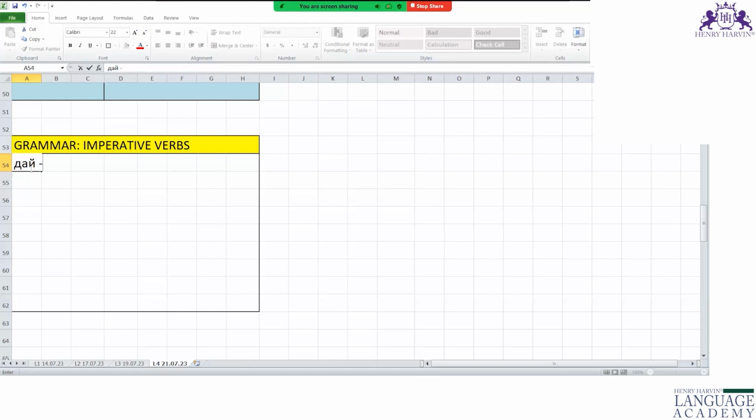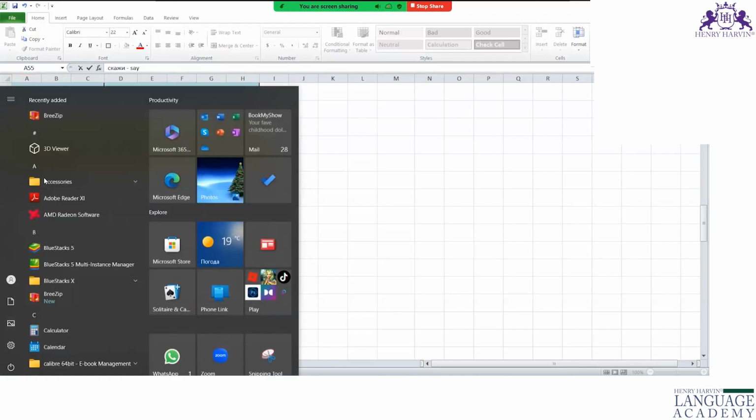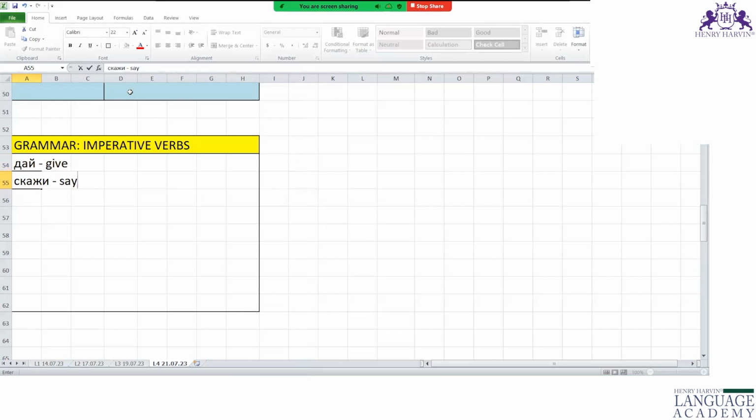Дай is give. Then скажи. Скажи is say. We will write an exclamation sign after that to show that this is imperative, a kind of request or command. Дай, скажи.